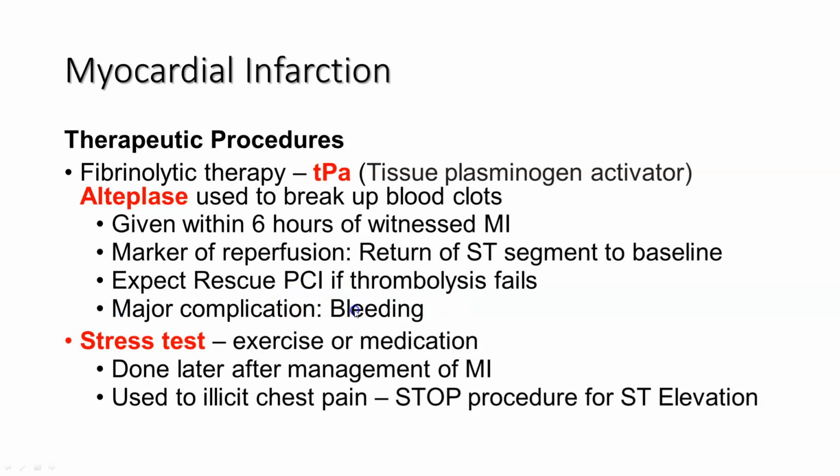And obviously, anytime we're using those clot busters, the big complication is bleeding. I expect them to have a stress test at some point. We want to use that stress test to try to elicit those changes. However, if they're starting to develop those changes, it's also telling us that we need to stop that test.